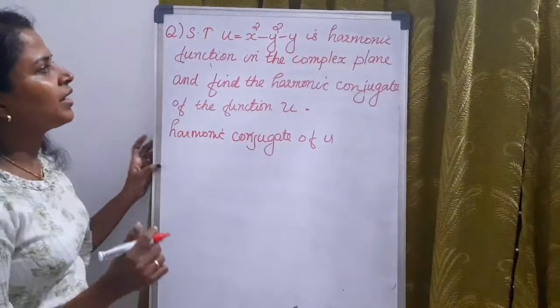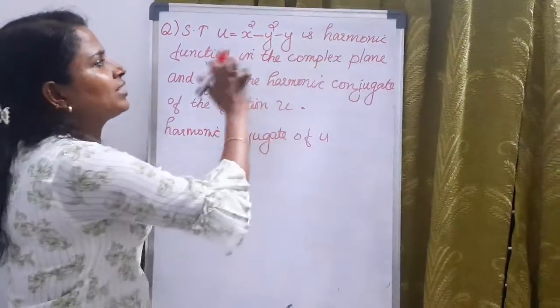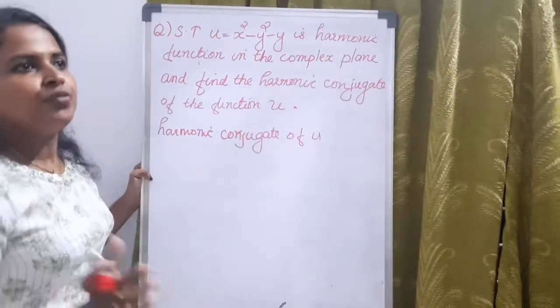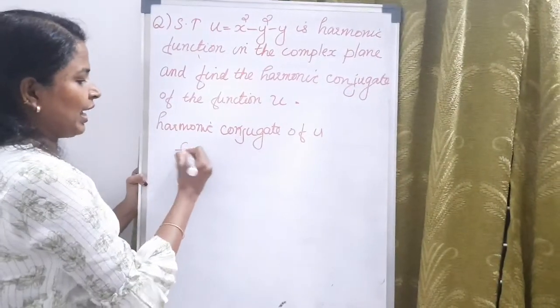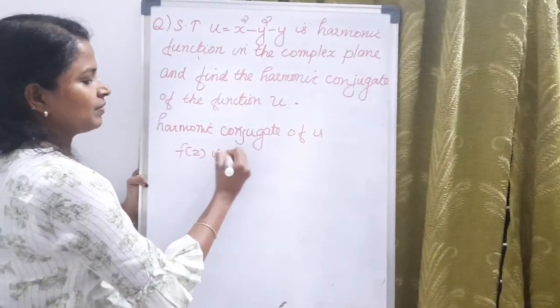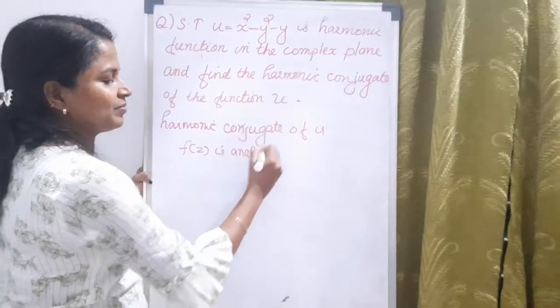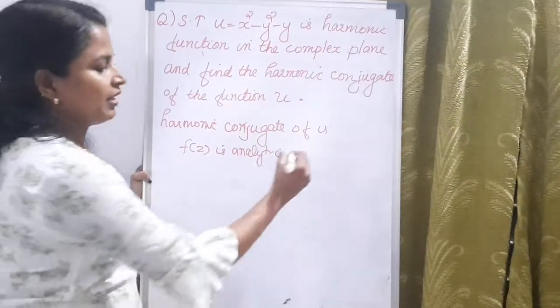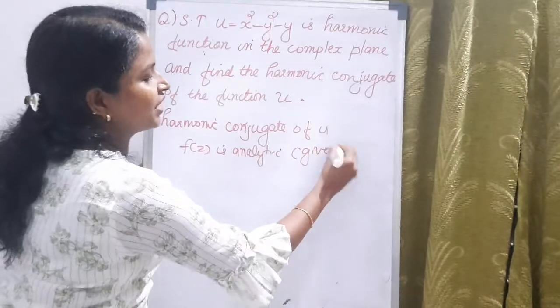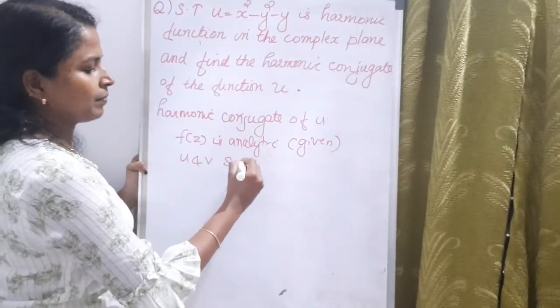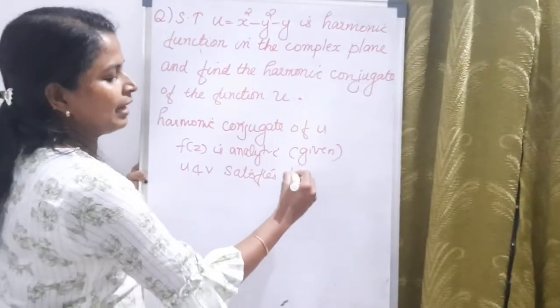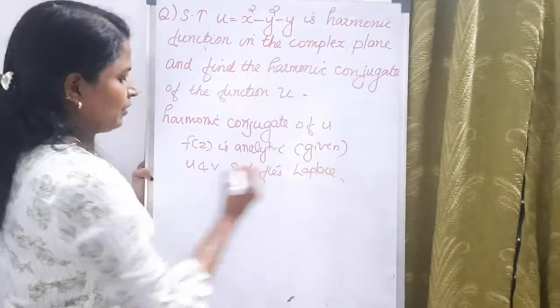Here first we showed that u is harmonic. From the definition of a harmonic function, f of z is analytic, that is given, and u and v satisfy the Laplace equation.